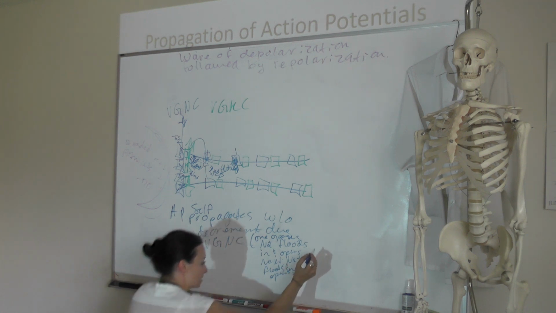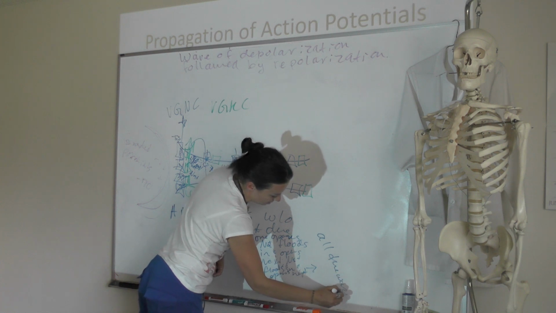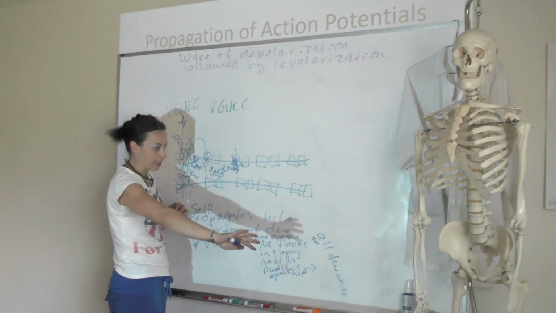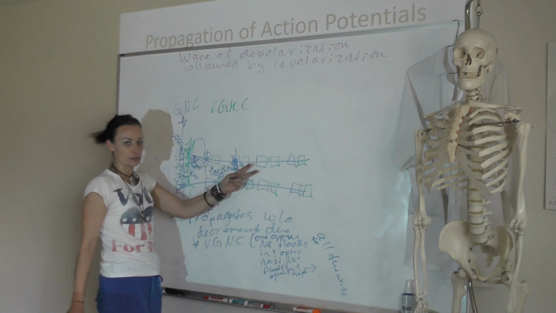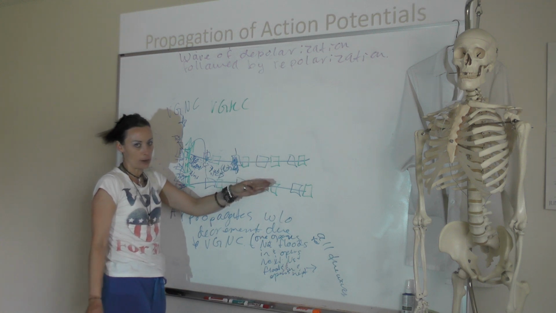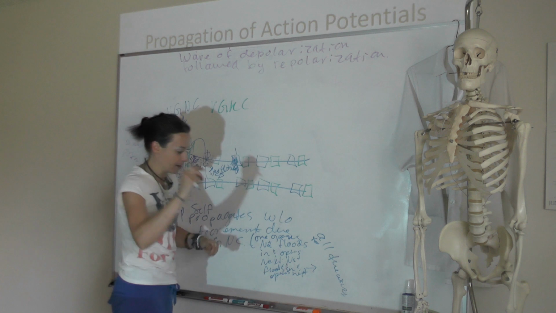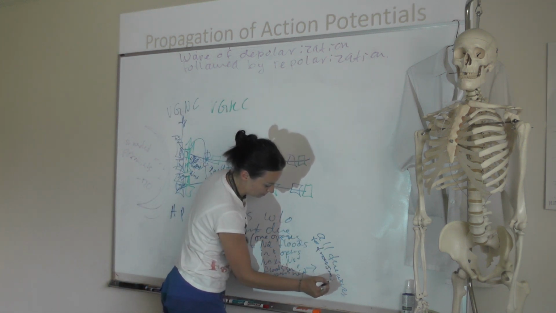All the way to the transmissive segment without decrement. So it's not going to get weaker the further you get away from the cell body, because our voltage-gated sodium channel has no choice but to be open from negative 55 to positive 30, okay? So all the way to the transmissive segment without decrement.